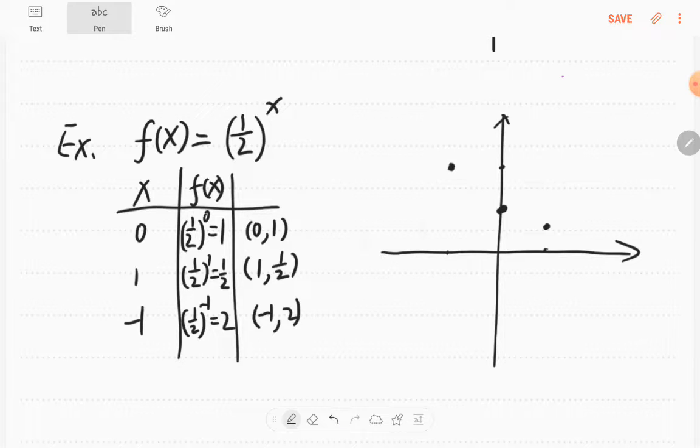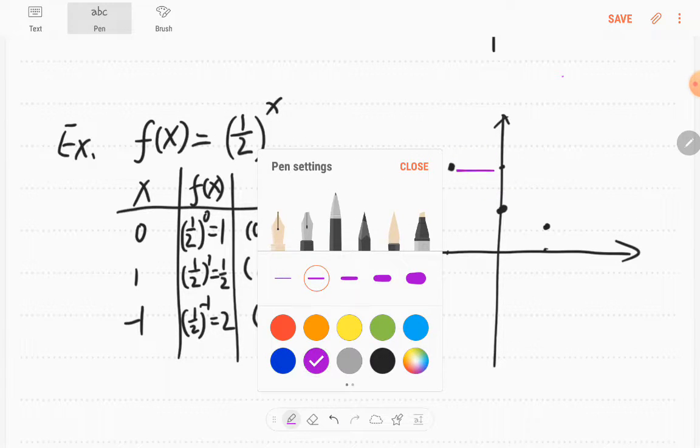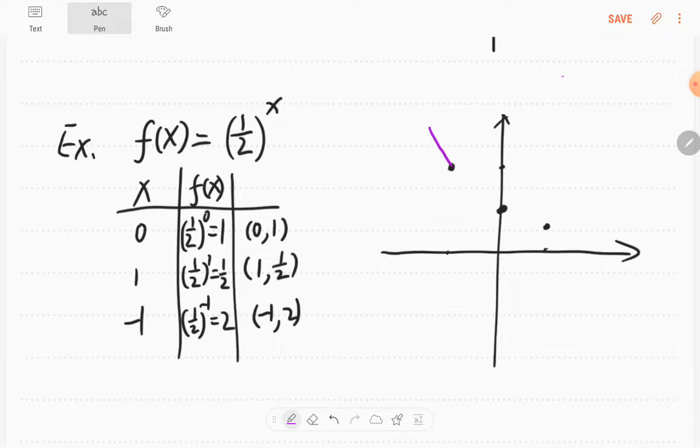So the graph will look like this. This is the graph for this function, and if you have more points, you will see that the horizontal asymptote is y equals 0, which is the x-axis.